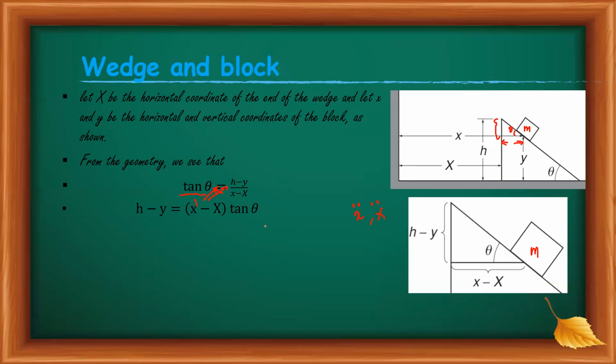As h is a constant, we will get minus y dot is equal to x dot minus capital X dot into tan theta. Here, as tan theta is constant, we differentiate small x and capital X. Then this is the quantity.